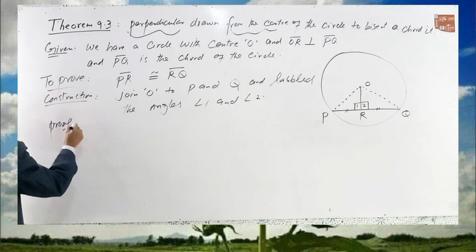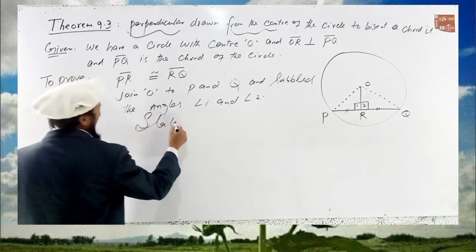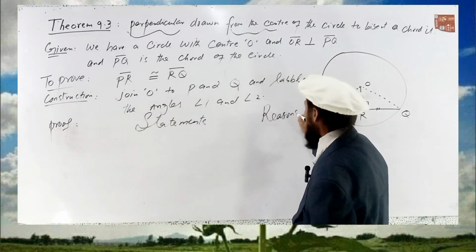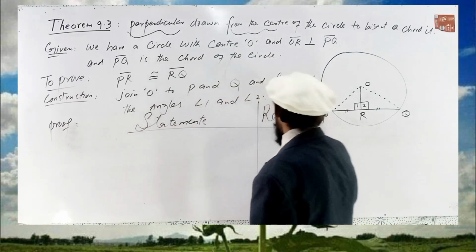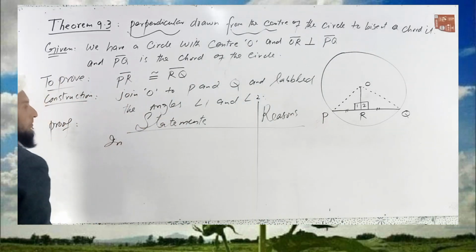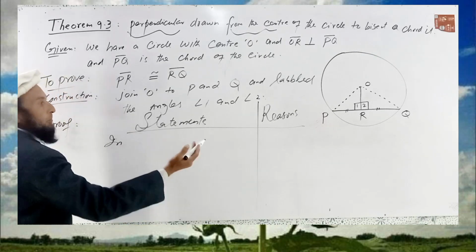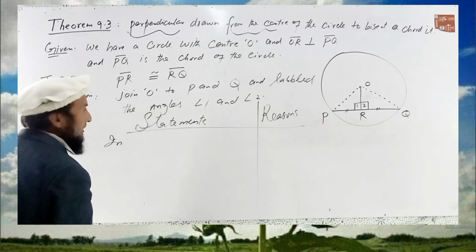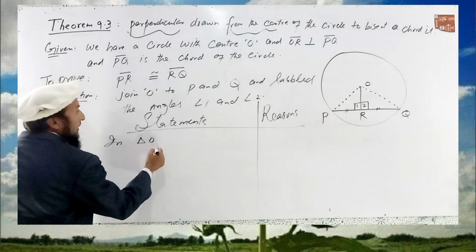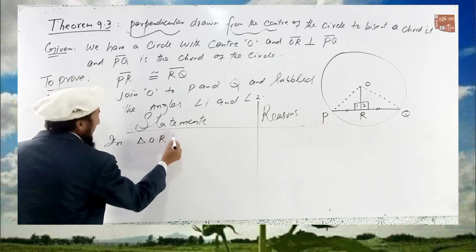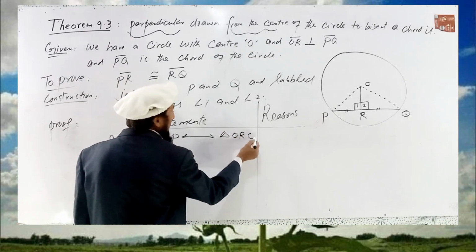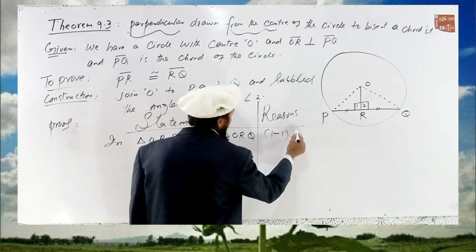Proof: statements and reasons. We get two triangles, triangle OPR and triangle ORQ, one to one correspondence. This is your choice, you can start from any one.